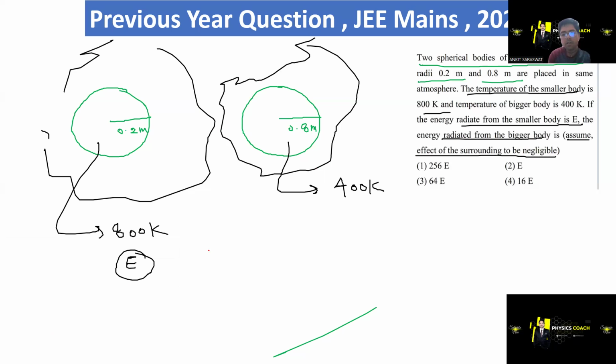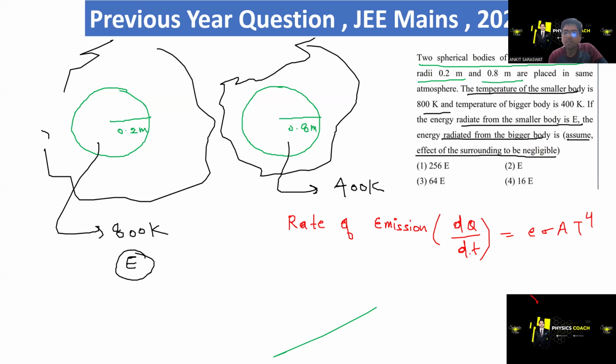So we know that rate of emission is what? Rate of emission dQ by dt is equal to e sigma A T to the power 4. e is what? Emissivity. Sigma is the Stefan constant. Here the material is the same, already we have mentioned that.